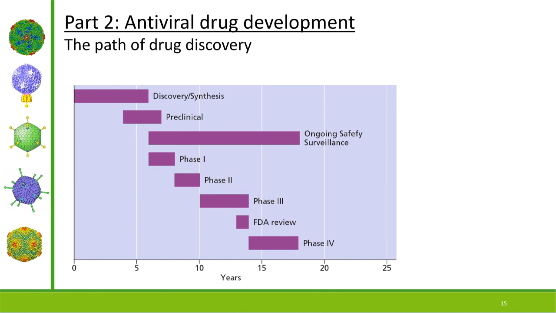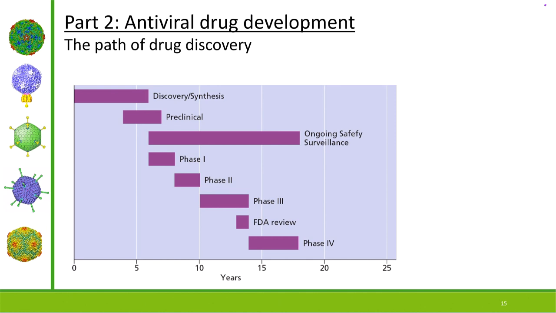So thinking about drug trials kind of moving forward, this is a really cool image because it actually shows us the different phases or the paths from discovery to FDA approval to what we refer to as phase 4. So if we start on the top of the figure, and on the x-axis here we have years. So on the top of the figure we have our discovery. So after discovery and synthesis, we have a lot of preclinical that goes on.